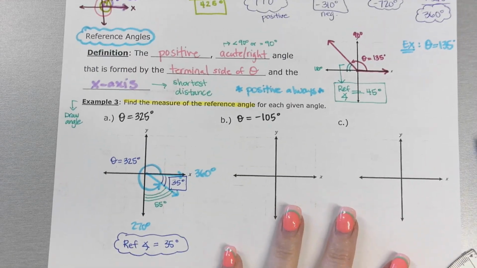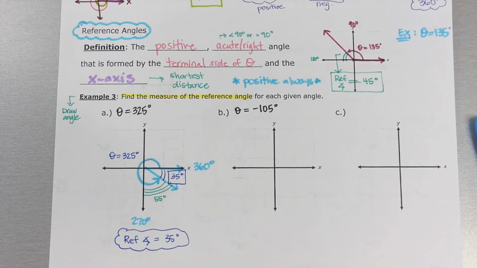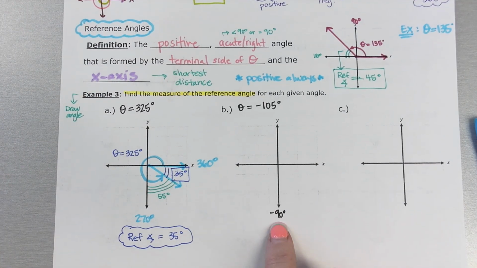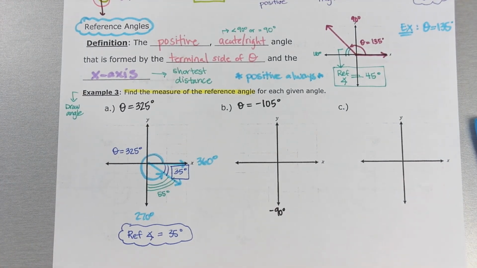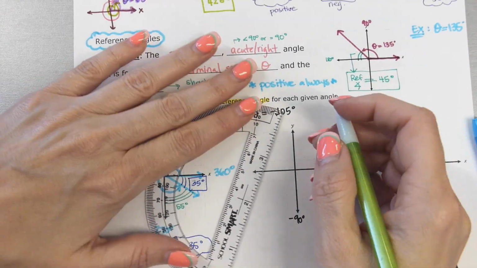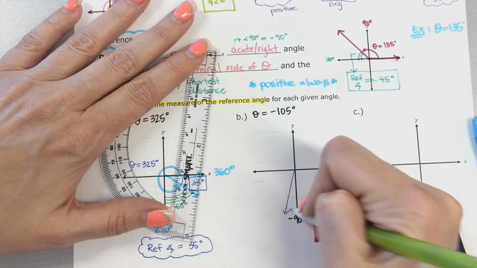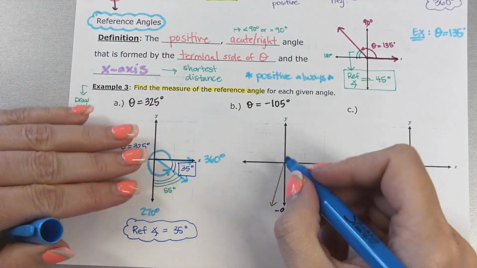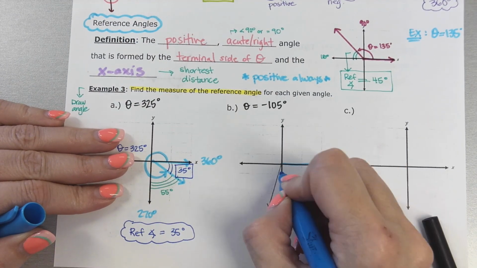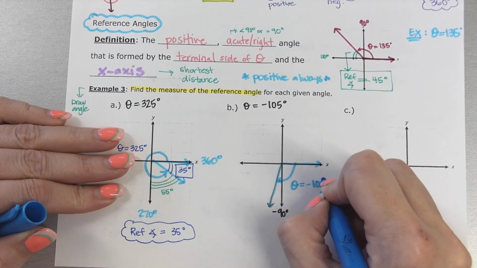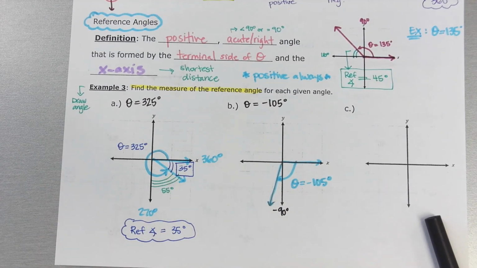Okay, so when you are doing B, again, I would be thinking, all right, this is negative 90. So how many degrees past negative 90 is negative 105? 15 degrees, so not a ton past that. So if this is my angle, you want the shortest distance to the x-axis.